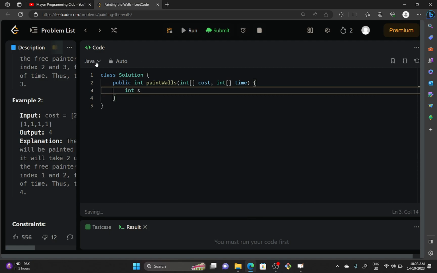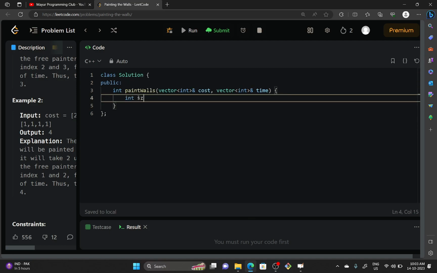Let's change the programming language. Okay, size will be the number of walls of your cost array.